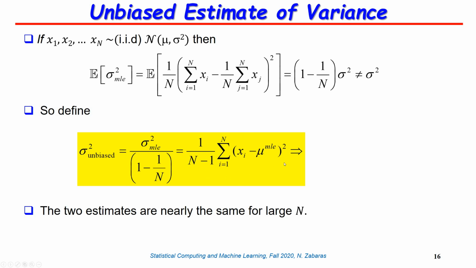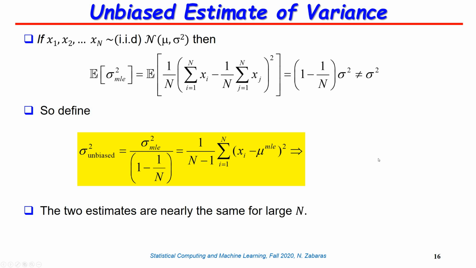So often in the literature, when you estimate sigma square for a Gaussian, this is what you use. You use 1 over n minus 1. Remember that. Also in your computer programs, often you will use 1 over n minus 1 to make this estimator unbiased.